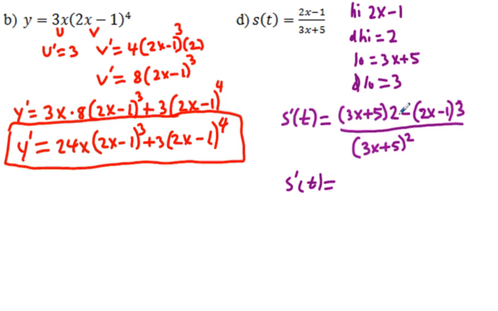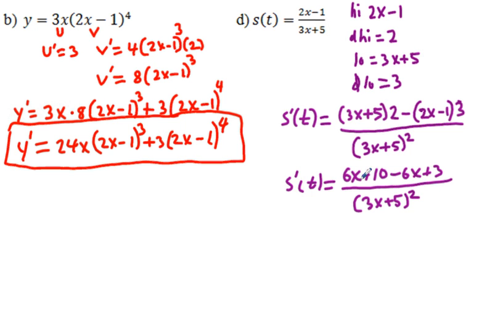And simplifying out, we have 2 times 3x, that's going to be 6x, and 2 times 5 is going to be plus 10, and 3 times 2x and minus out front is going to be minus 6x, and we're going to have minus minus here, so we're going to have plus 3, all over quantity 3x plus 5 squared.